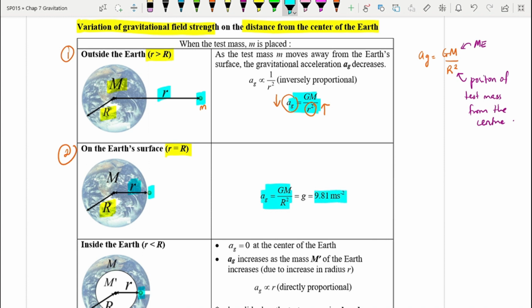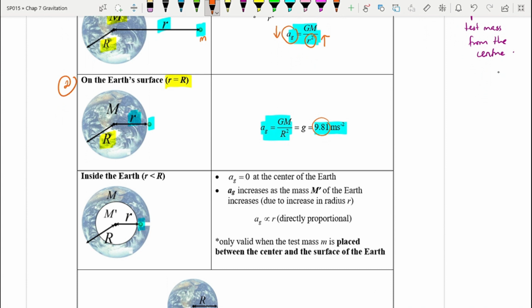Mungkin tak dapat exactly 9.81 tapi dia almost 9.81. So itu adalah exactly at the surface of the earth, ataupun very near to the surface of the earth. Itu adalah strength of gravity.